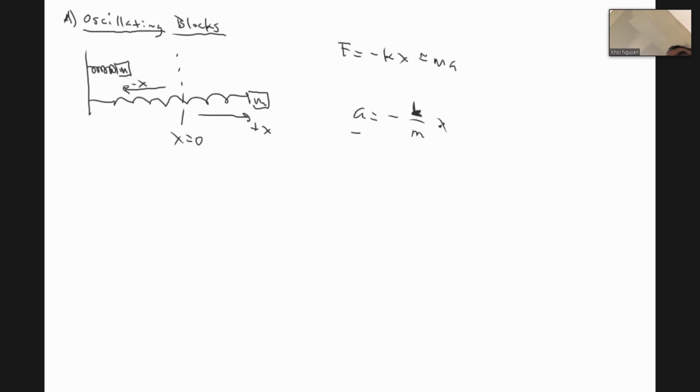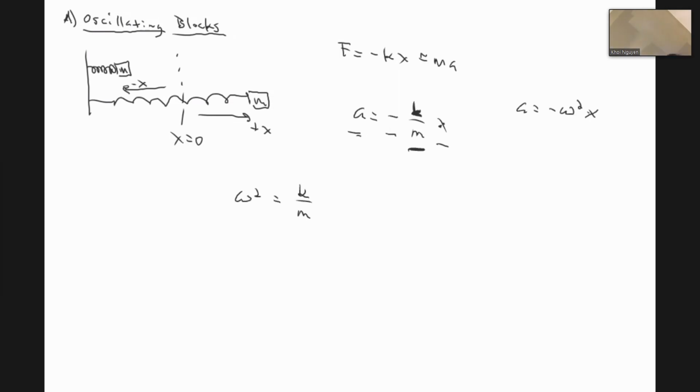It's a negative, and acceleration is equal to a negative times something times x. We saw that earlier. That was negative omega squared times x, or angular frequency. So we can say that this k over m term is exactly that angular frequency squared that we got from our mathematical model that we had earlier.